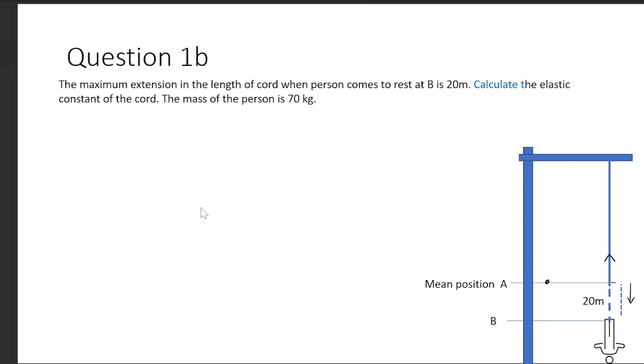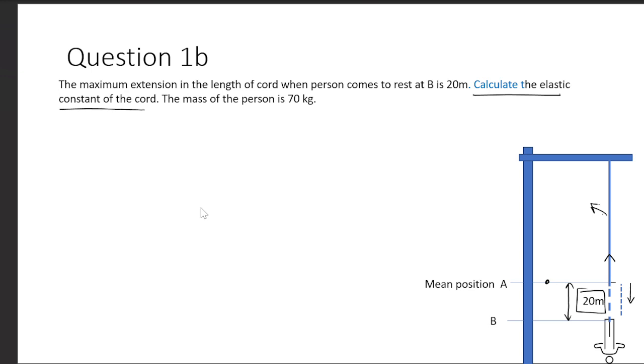And when the rope applies tension upward, slowly the person will come to rest. During that time, the length of the rope has elongated by 20 meter. And we need to calculate the elastic constant of the cord. Why are we calculating the elastic constant? Because it's acting as a spring or a rubber band.